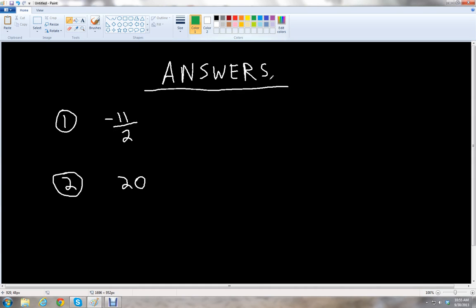So we have v naught squared minus 2gy, where v naught is 30, g equals 10, and y equals 25.